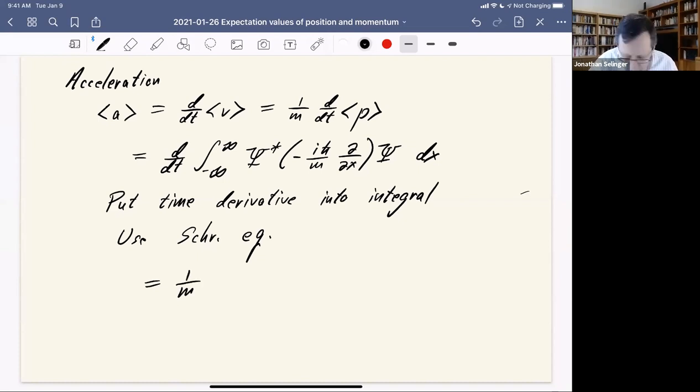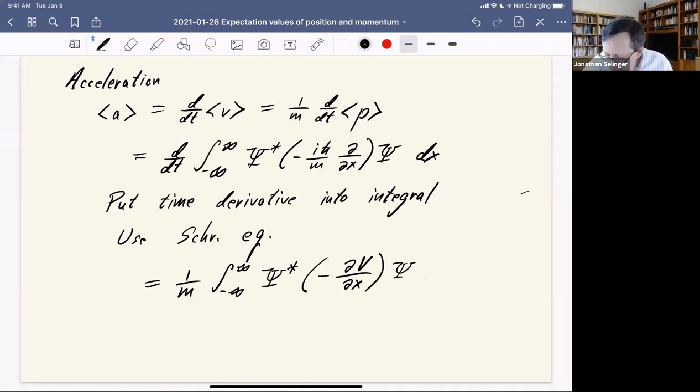So this is 1 over the mass times an integral with the psi star, and what goes in here comes from Schrodinger's equation, which has the potential energy, V. When we use Schrodinger's equation and do integrations by parts and so forth, we get the derivative of this potential energy.